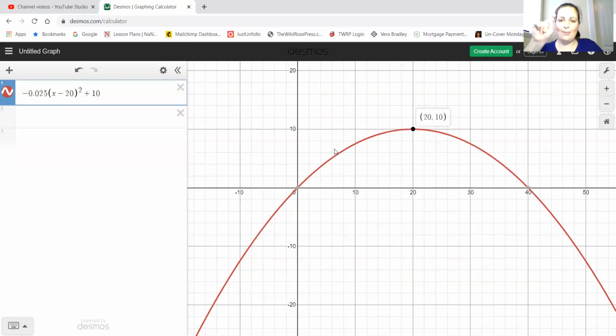You can just tap the screen and it will come up with the value of the vertex, which is the same thing as telling you the axis of symmetry, which is 20, and the max value for y, the largest range, which is 10. So the maximum height of the ball is 10 meters because the vertex happens at 20, 10.